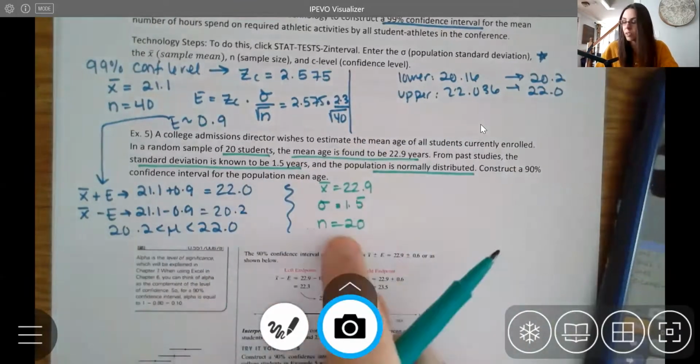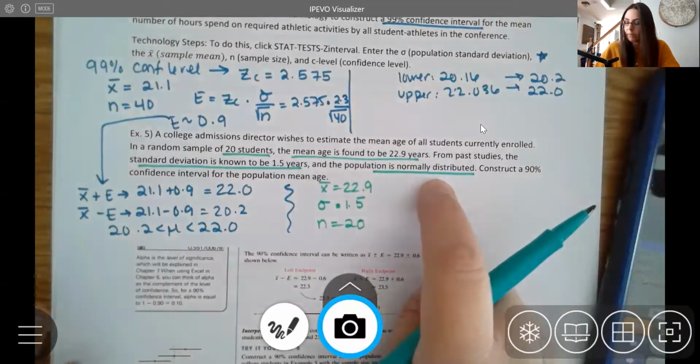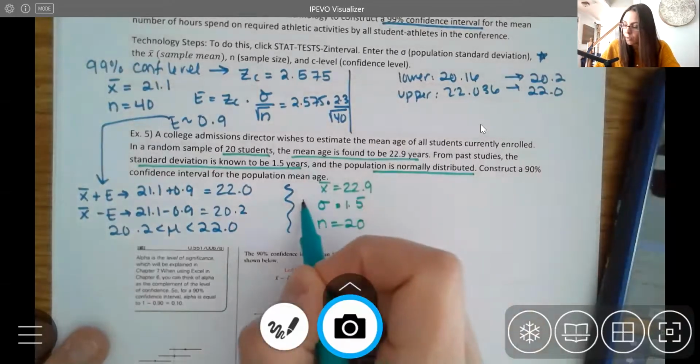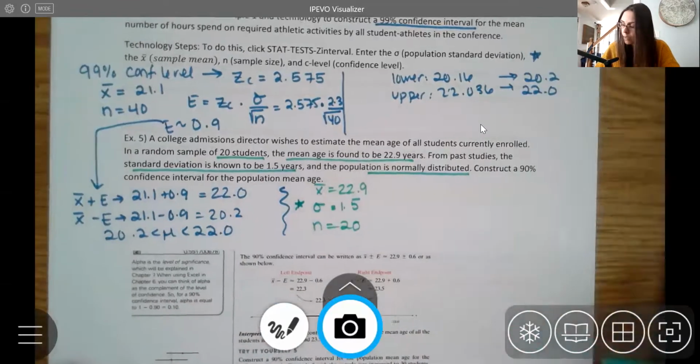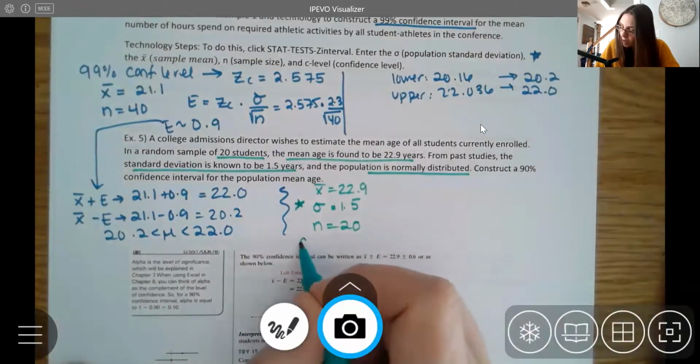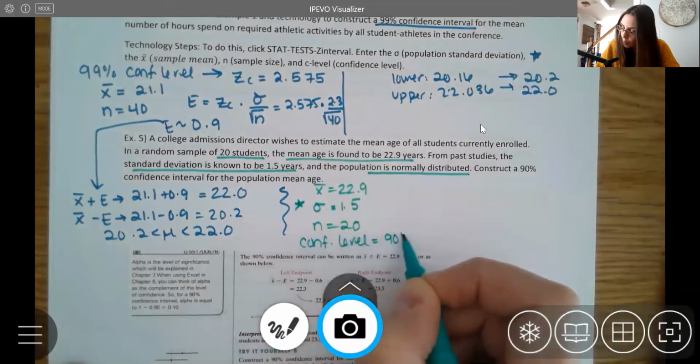But if our sample size is small, like it is here, then the population must already be normally distributed. And the other thing, remember, that we're doing in this section is we already know the population standard deviation. So in this case, it was known from a previous study. All right, and we're going to construct a confidence level interval of 90%.